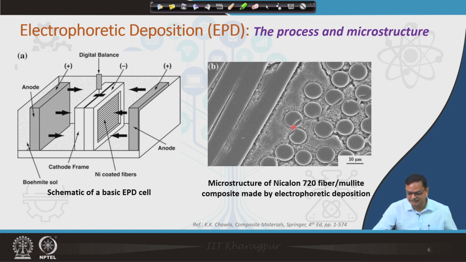A nice example you can see here. These spherical things are basically the Nicalon fiber, and this matrix which gets densified around the Nicalon preform is in this case mullite. Mullite is basically a mixed oxide of SiO2 and Al2O3. Okay. So, that is electrophoretic deposition.